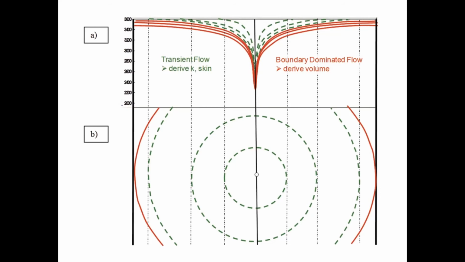Low velocity means the frictional pressure drop would be low. If you get closer, the surface area is reduced, which means velocity is higher. Here is the maximum velocity, near the wellbore, so the pressure drop would be high. So this is a pressure profile at different times.